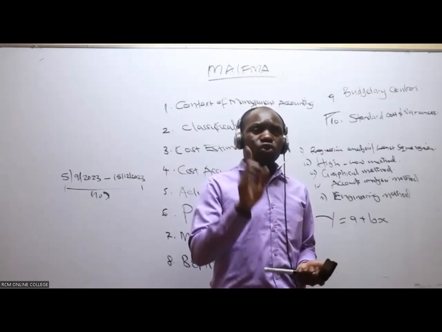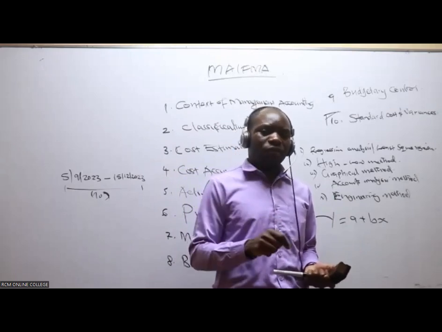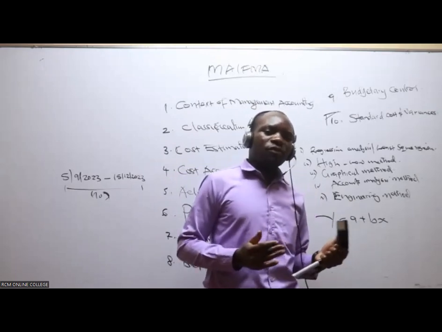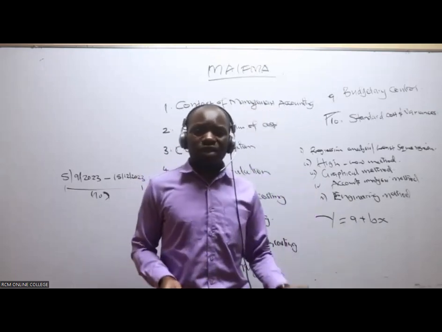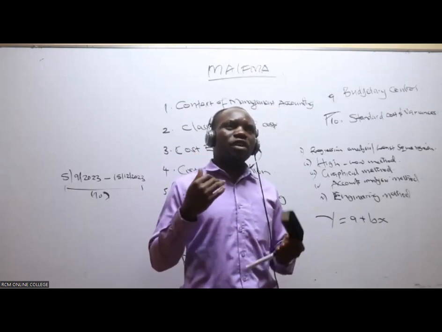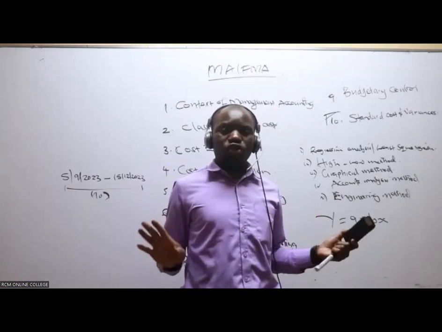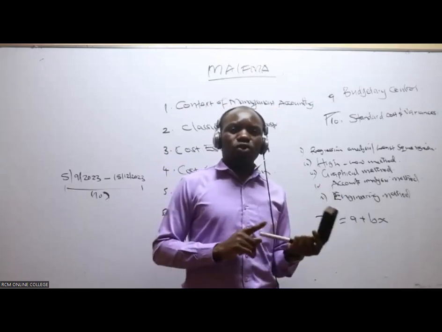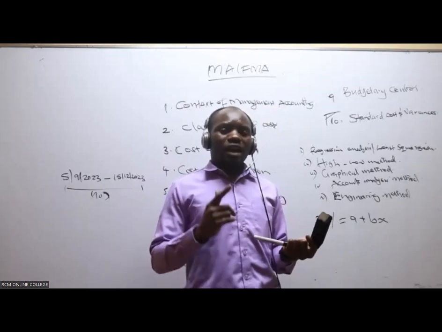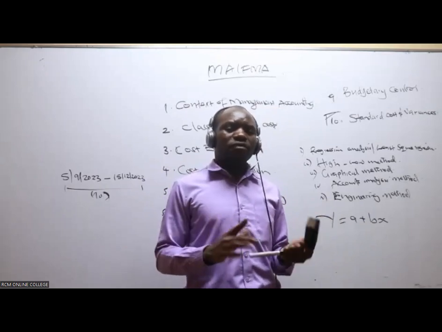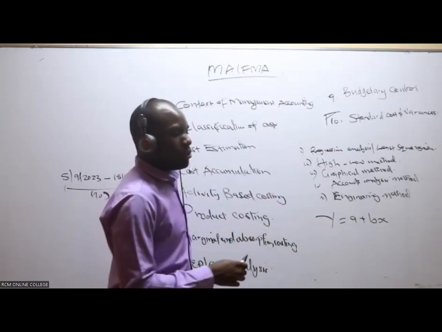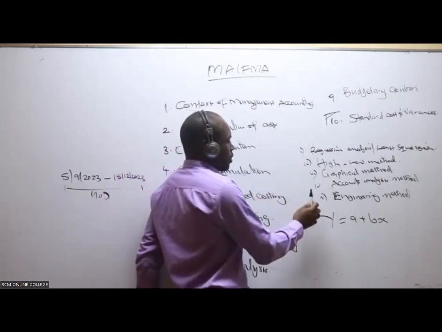But at this particular level, are you able to describe for us what the engineering method is? Are you able to give us the advantage and disadvantage of the engineering method? That is all you need to know about it.